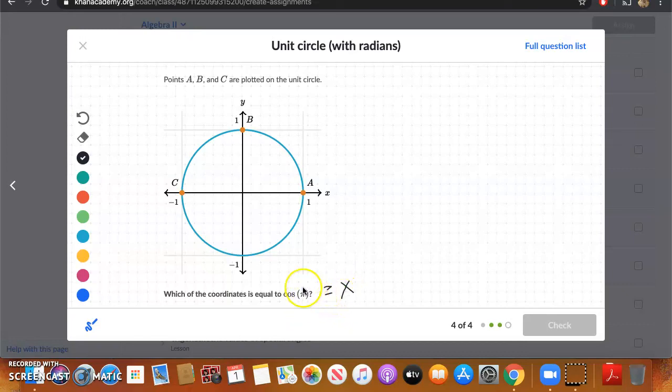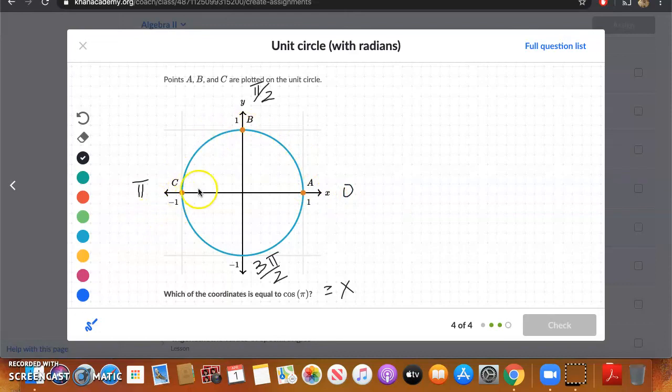Remember, the angle is 0, pi over 2, pi, and down here again, it's 3 pi over 2. They want the x-coordinate at the angle pi. So they're looking for the x-coordinate of point C.